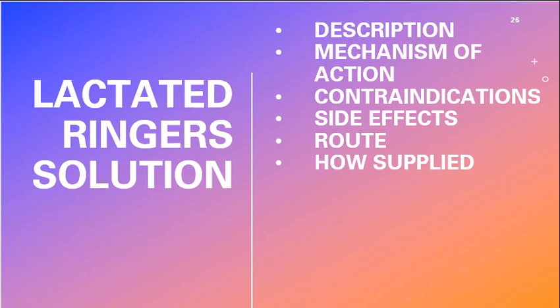So what's the mechanism of action? How does it work? Well, lactated Ringer's, or LR, replaces water and electrolytes. It's the solution that most closely resembles normal body fluids in terms of electrolyte concentrations. When do we use it?